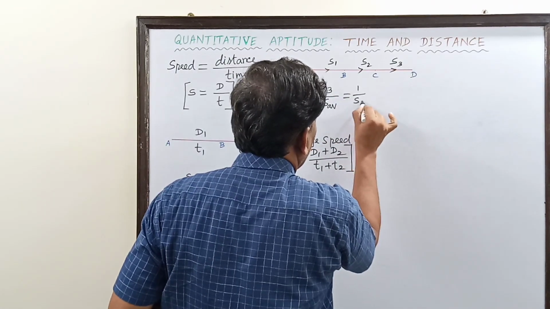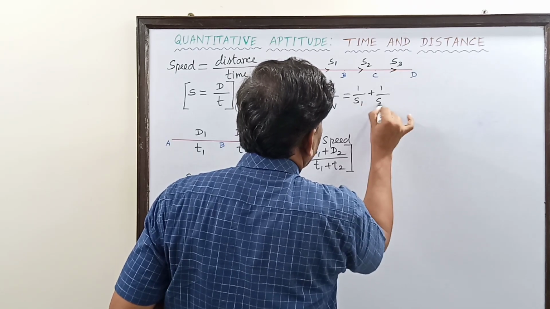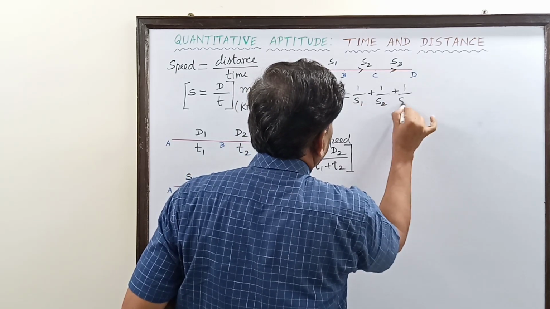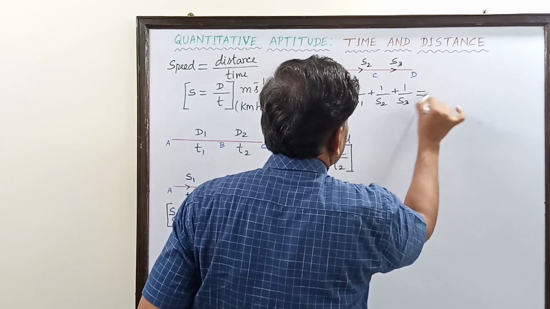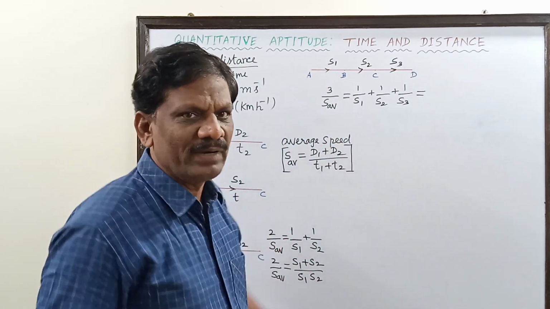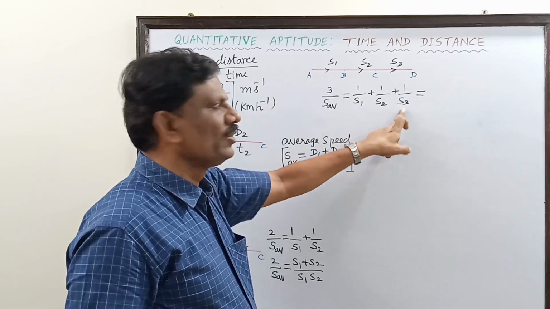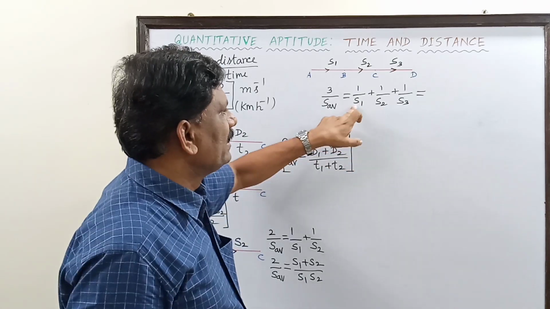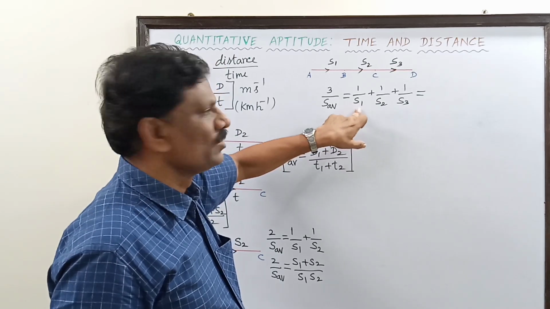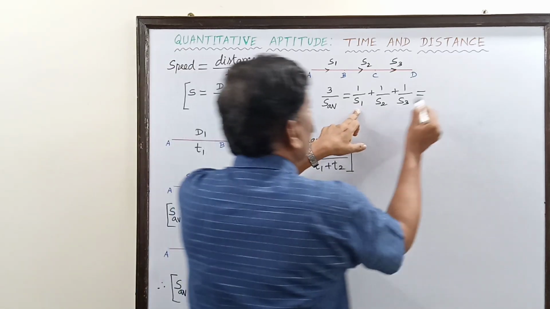So 1 by S1 plus 1 by S2 plus 1 by S3, and this is now equal to, taking the LCM, the denominator S1 into S2 into S3. The first term denominator is S1 already, therefore the remaining 2 factors will come.